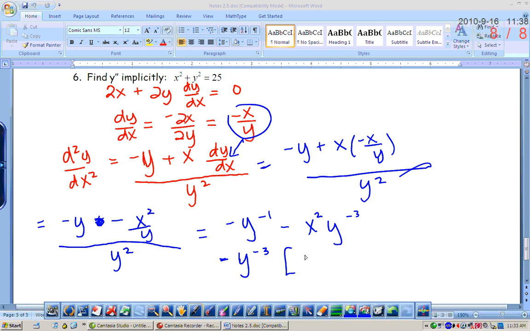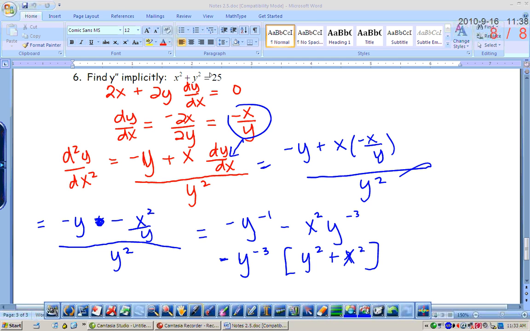So what am I left with inside the parentheses? y squared plus x squared. You want to take y to the negative 1 and divide it by y to the negative 3. Since you're dividing like terms, you subtract the exponents. 1 minus a negative 3 would be plus 2.